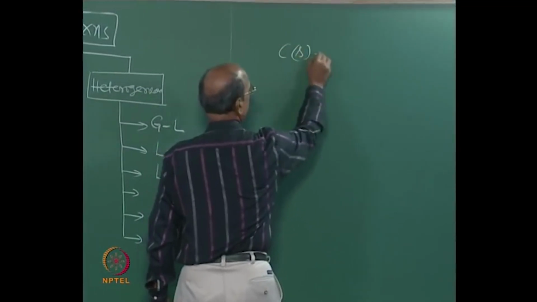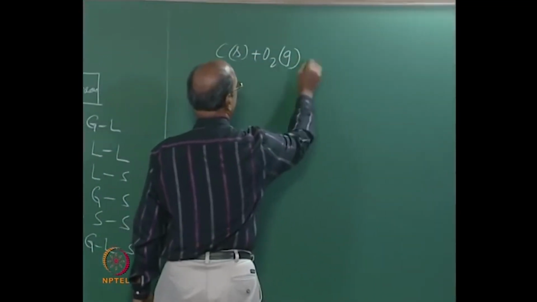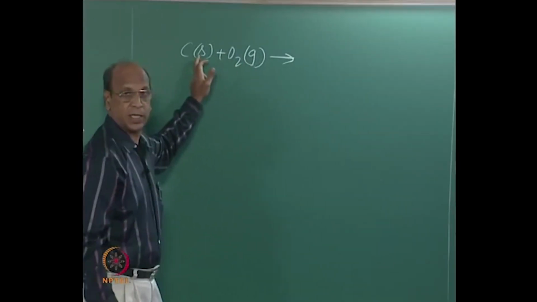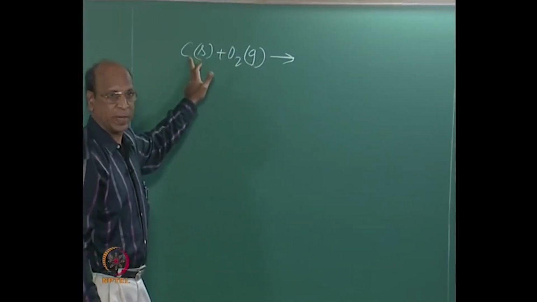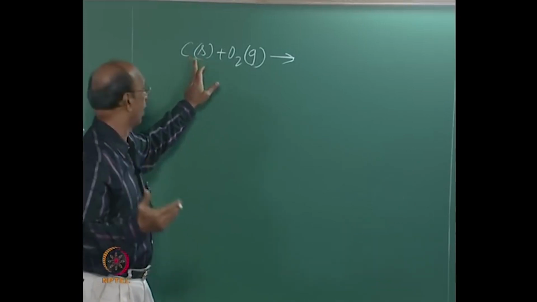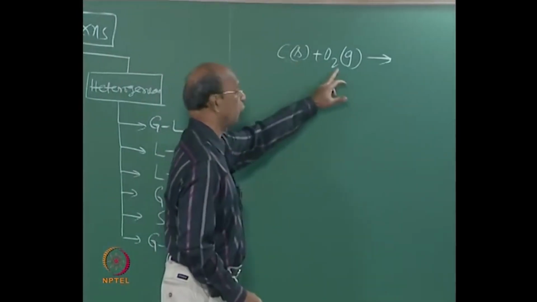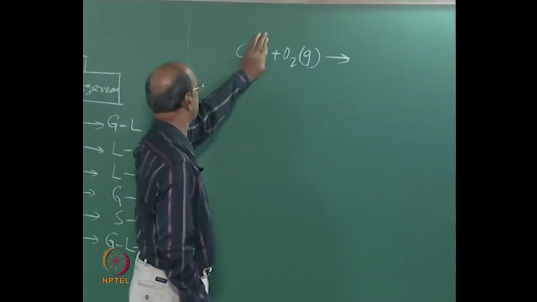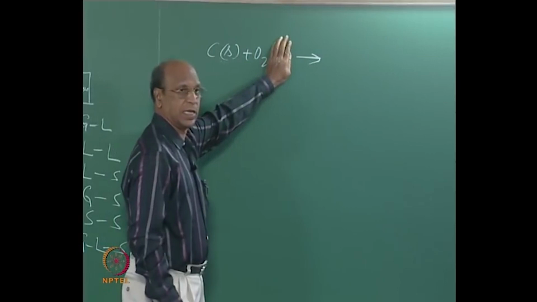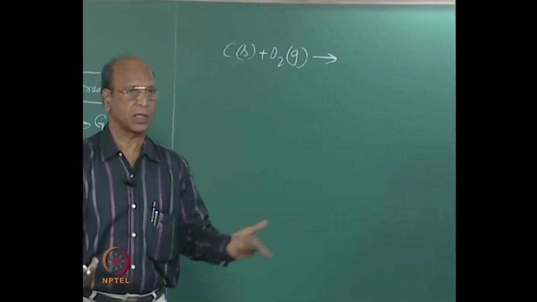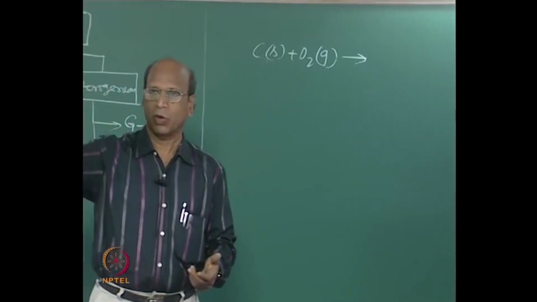C solid plus O2 gas. Better write these things. Earlier you were not writing the state of the reactant. So better write now, so that you will immediately know whether the system is homogeneous or heterogeneous, because now you have two phases. If I do not write S here, G here, you do not know which phase they are. Of course, carbon and oxygen we know, but some other chemicals we do not know.